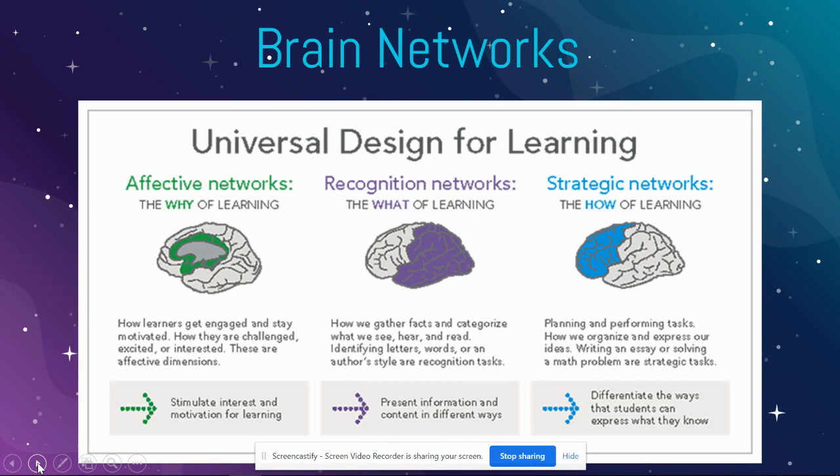Learner variability shows us that no two people learn in the exact same way. The second type of brain research that UDL is based on is the research about the three different networks that we know to exist in our brains. All three of these networks need to be engaged for high quality learning to happen. The UDL framework attempts to give teachers tools to make sure all of these networks are engaged with our learners.